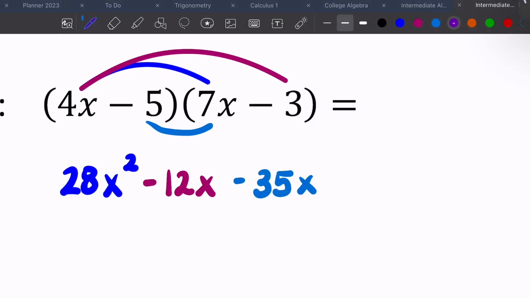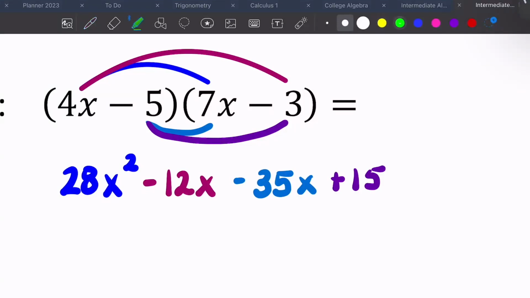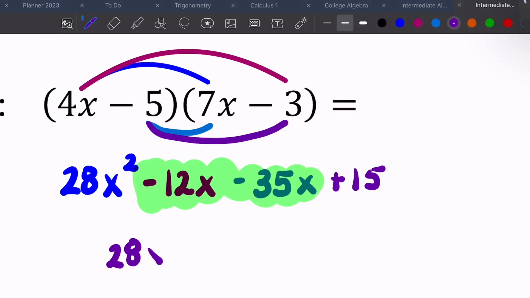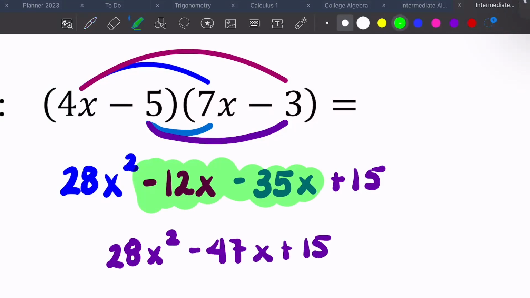And then last would be positive 15, right? Then you have like terms in the middle, right? So you get 28x squared minus 47x plus 15. And that is your answer.